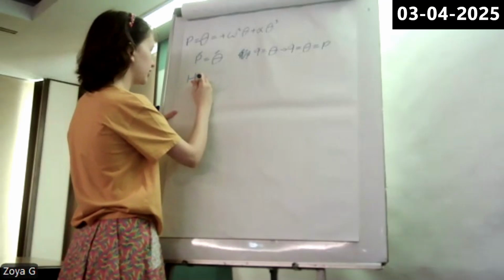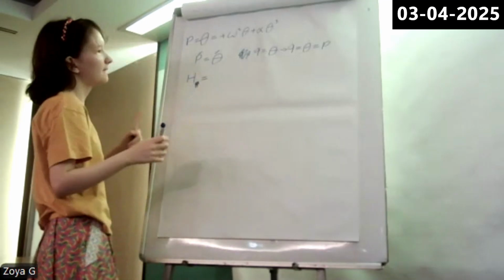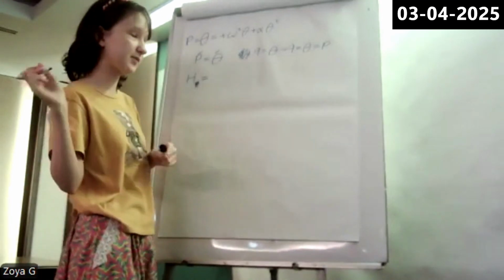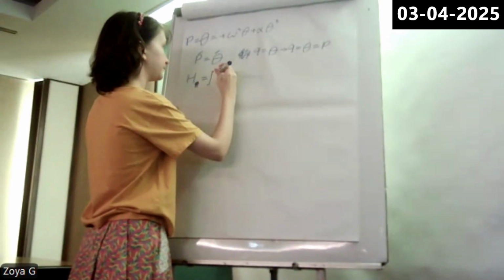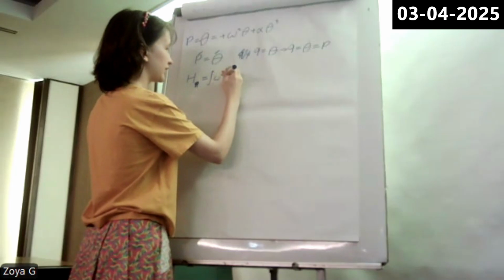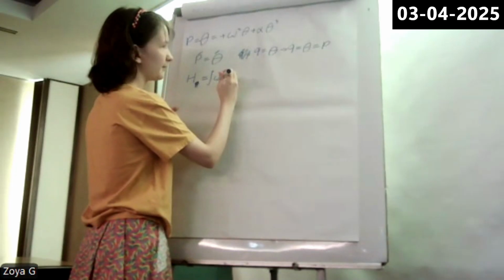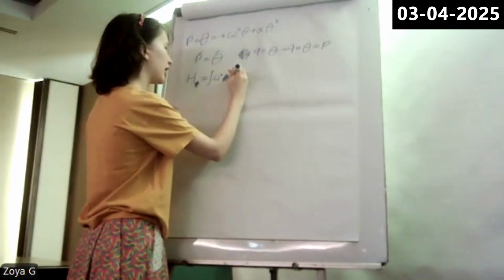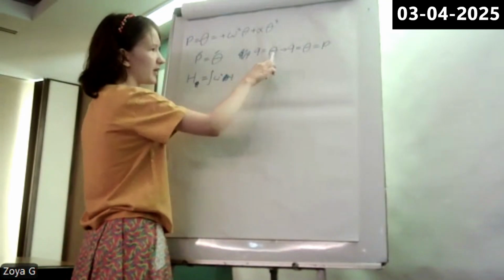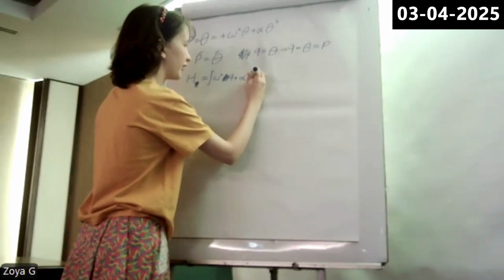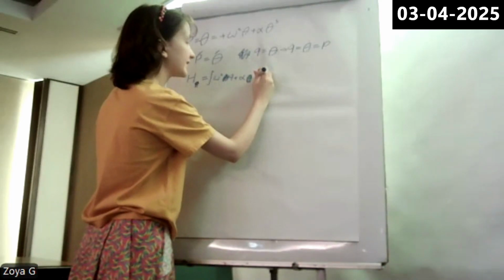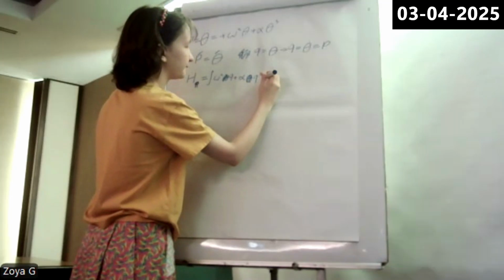Or no, h_q for the q component, because I'm going to be integrating with respect to q. Omega squared theta. Actually, I don't have to write theta anymore. I can write q because I've already chosen it. Plus alpha theta cubed. I said I don't have to write theta anymore.